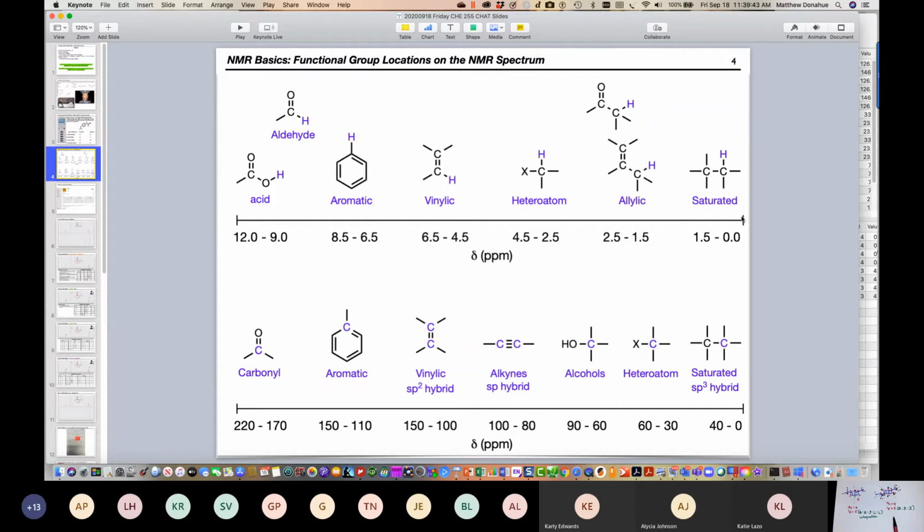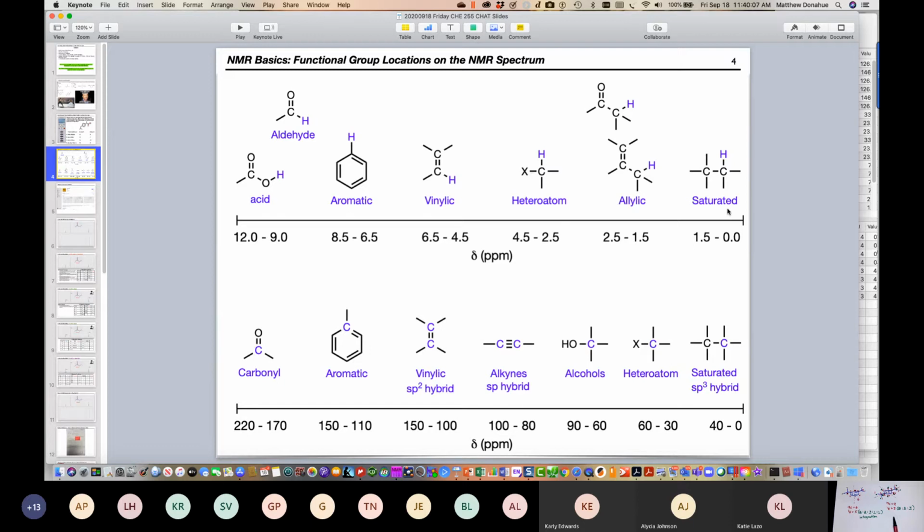And so what you're going to notice as we move left is the environment of the hydrogen changes in terms of the chemical shift number as things are added to the carbon. So from 2.5 to 4.5, the carbon now has a heteroatom bonded to it.